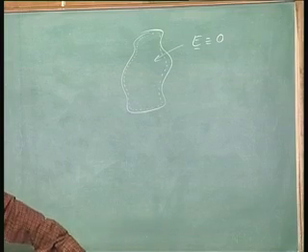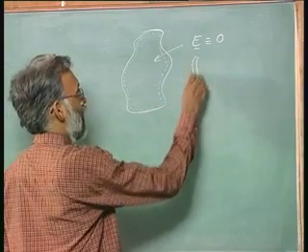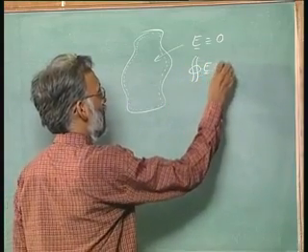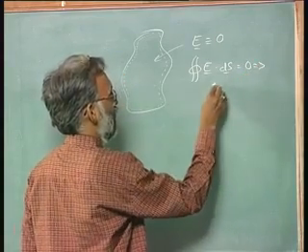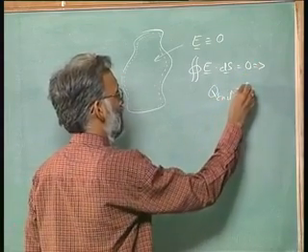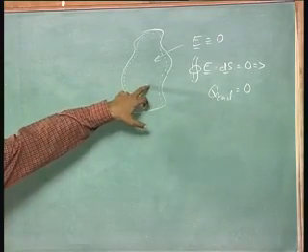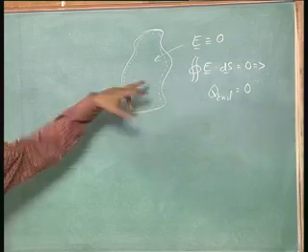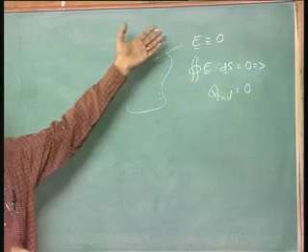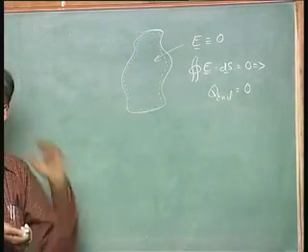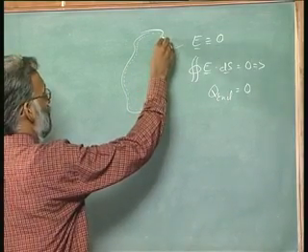So, at every point on that imaginary surface, the electric field is 0, which means the surface integral E dot ds is 0, which means Q enclosed equals 0. So, there is no charge enclosed inside a metallic body, yet a metallic body can carry charge. It can carry charge because we can always take an isolated metallic body and put charge on it. So, where is the charge? The charge must be lying on the surface.